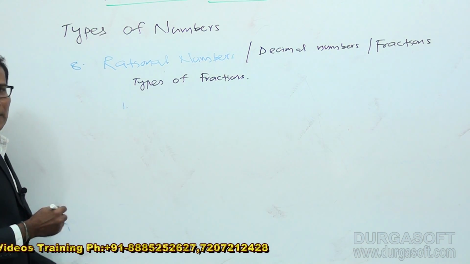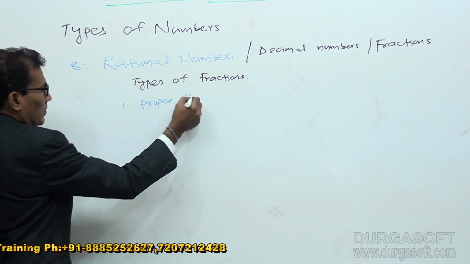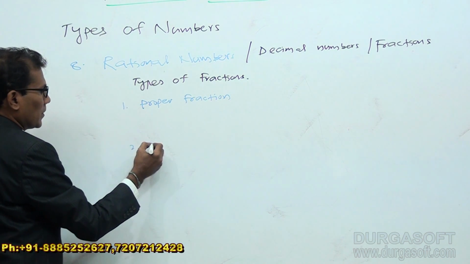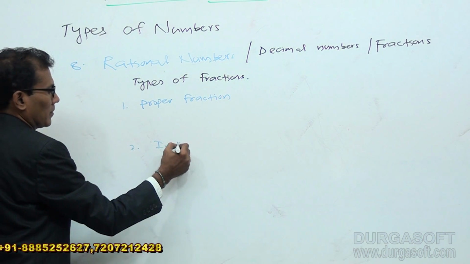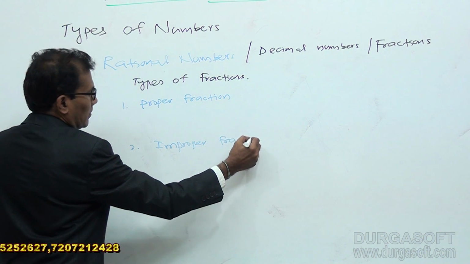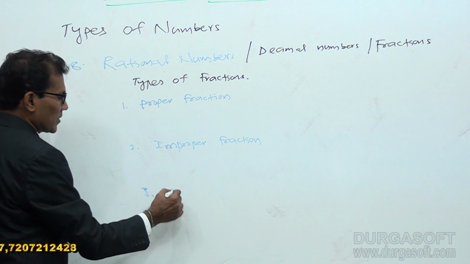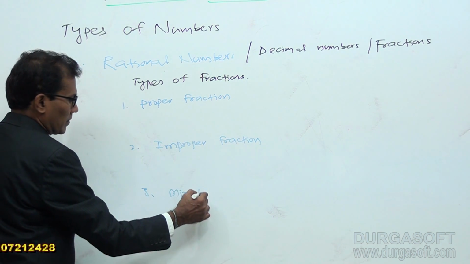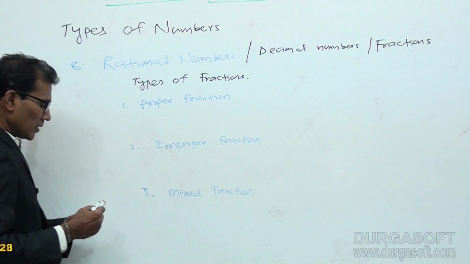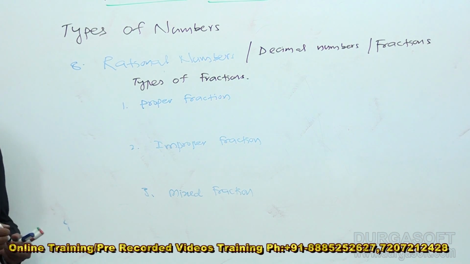One is proper fraction, and improper fraction, and the last one is mixed fraction. There are three different type of fractions: proper fraction, improper fraction, and mixed fraction.